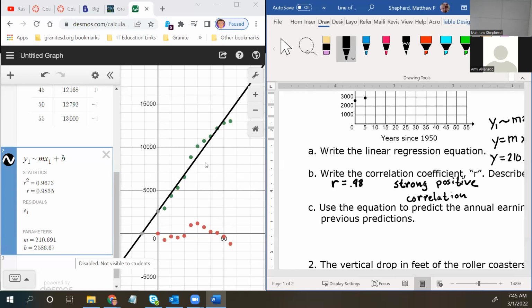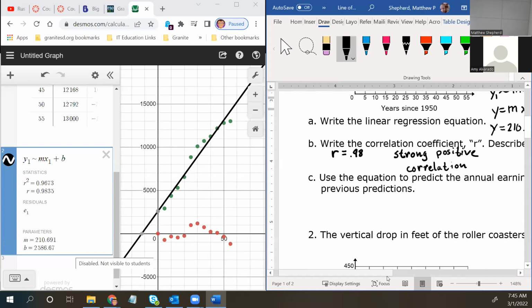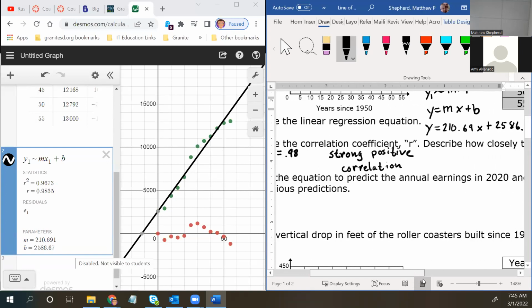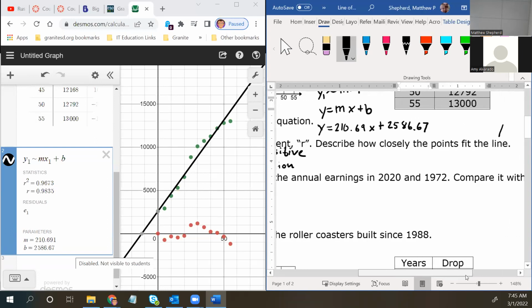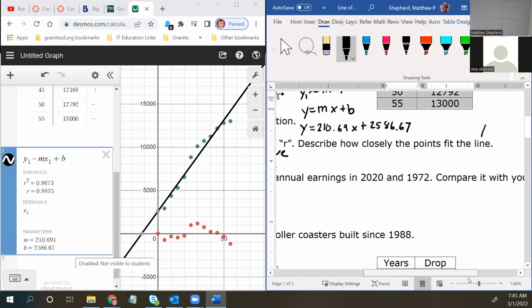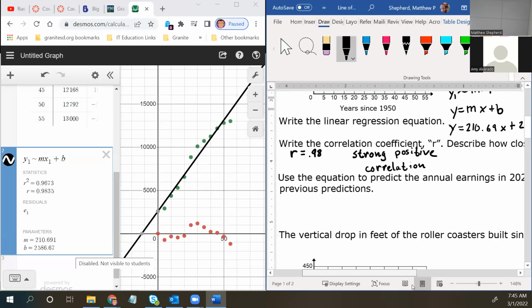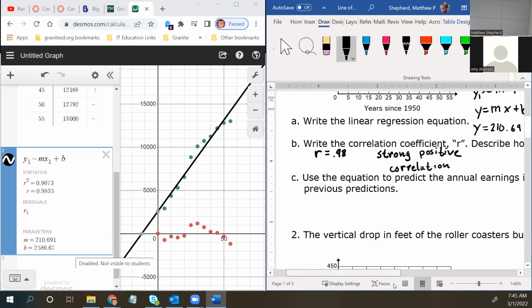All right. And we can also see that our line is following those data points fairly well. Now it wants us to use our equation to predict the annual earnings in 2020 and 1972 and compare it with our previous predictions.